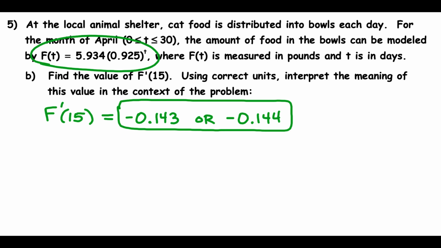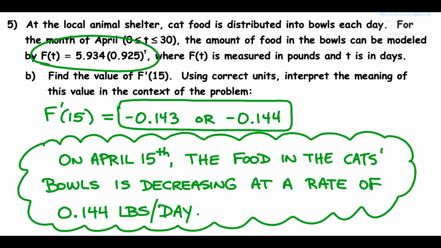We do have to say that because each day that rate will change on us. All right, let me write that out. There's my answer. On April 15th, which is tax day, also my dad's birthday, shout out to Dad there, the food in the cat's bowls is decreasing at a rate of 0.144 pounds per day.